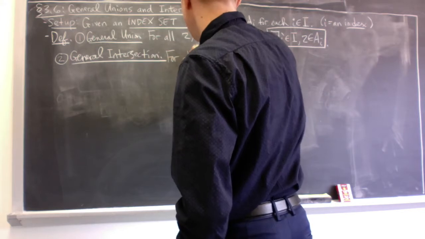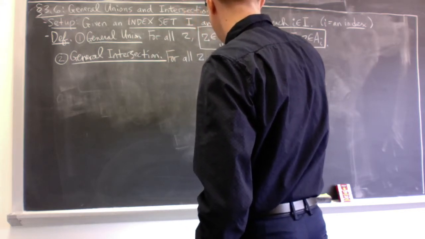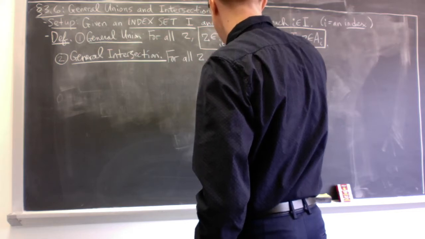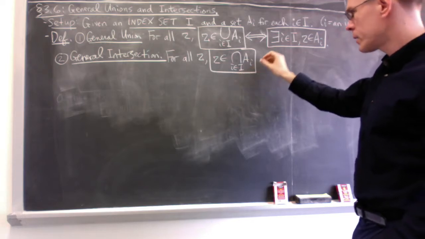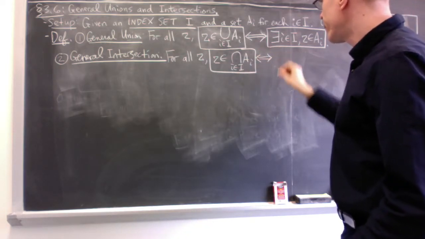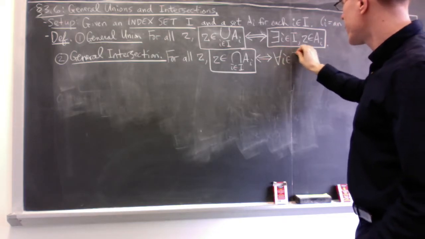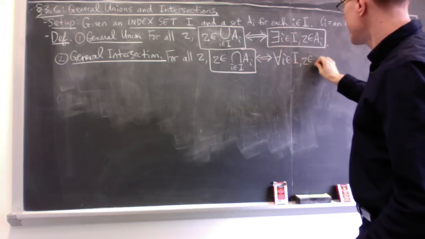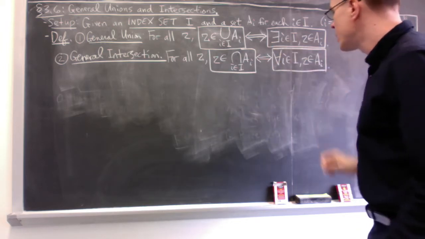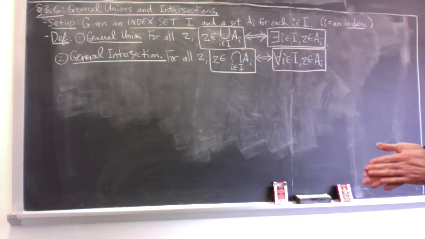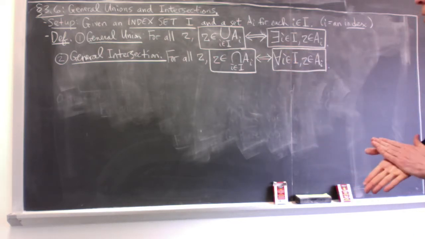So for all Z, by definition, Z is a member of the intersection of the A sub I's, I ranging through I, capital I. By definition, that means for every index, little I, in the index set I, Z is a member of A sub I.